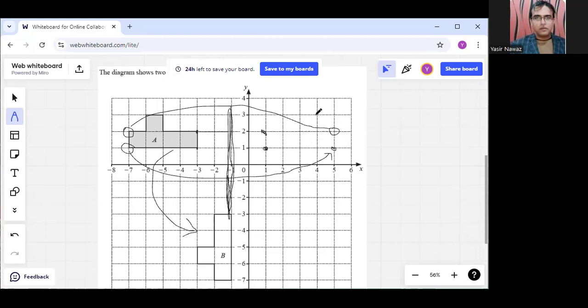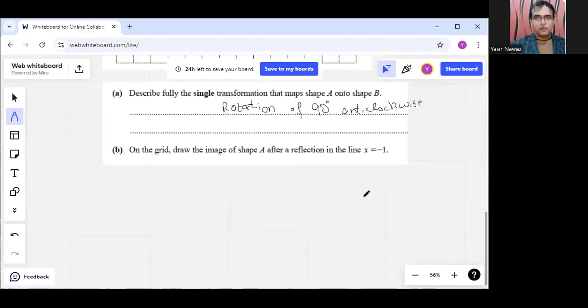And then this point will be shifted here, and this point will be shifted here. Now I draw the shape, here, here, here, here. So that's the shape. So that was the question. Now I try the next question.